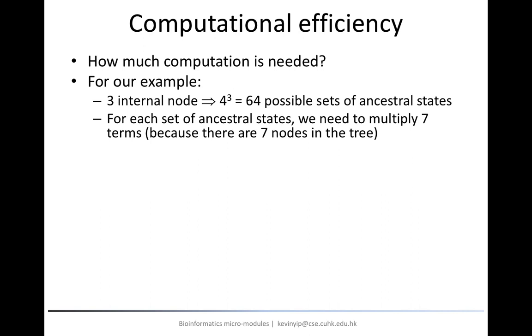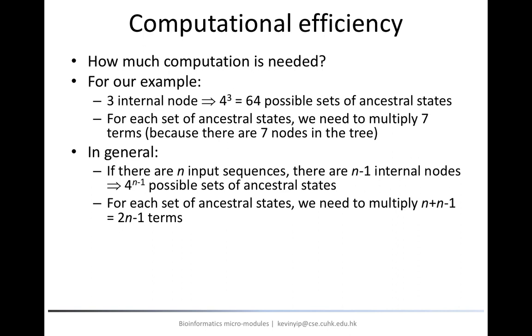If we analyze it more formally, we have 64 likelihood values to sum up, each of which involves the product of 7 terms. Both the values 64 and 7 depend on the number of input sequences, where 64 is 4 to the power of the number of internal nodes, and 7 is the total number of nodes, which is 2 times the number of input sequences minus 1.